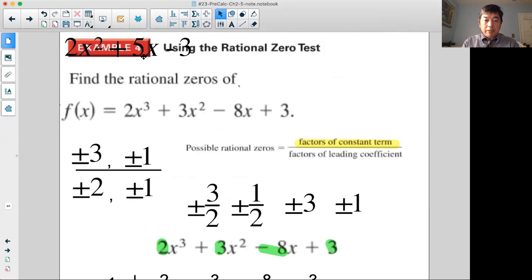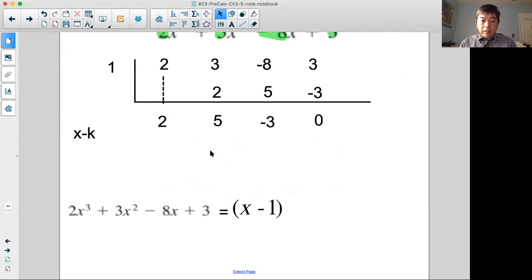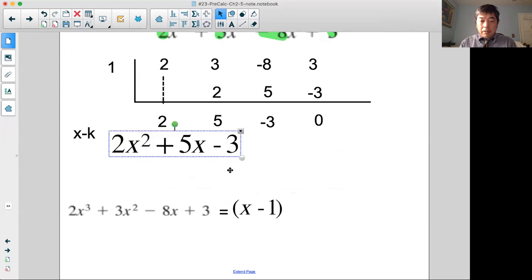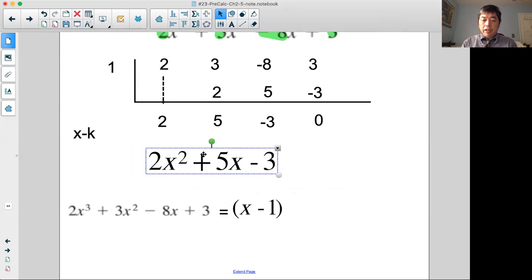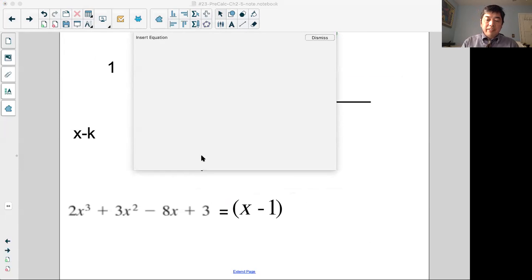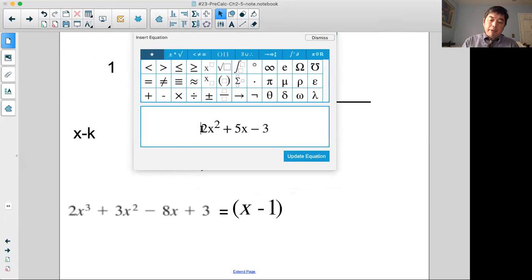I'm going up here. Okay. So take a look. That's the number. Okay. So now I will put the parentheses here. Parentheses here. Okay.